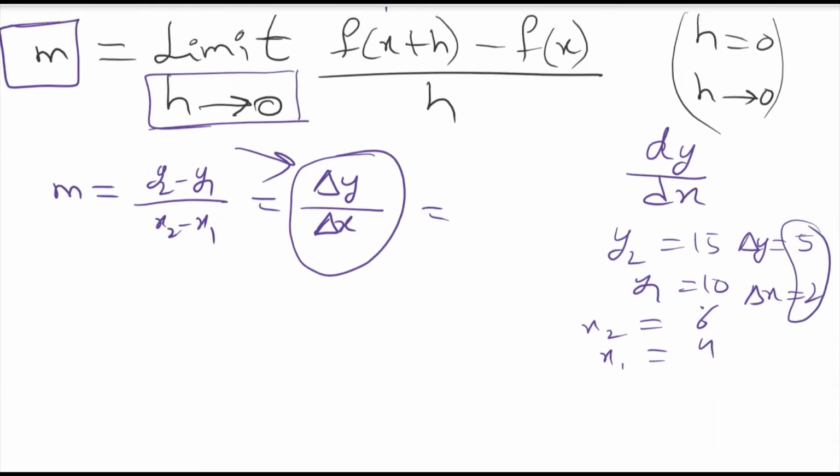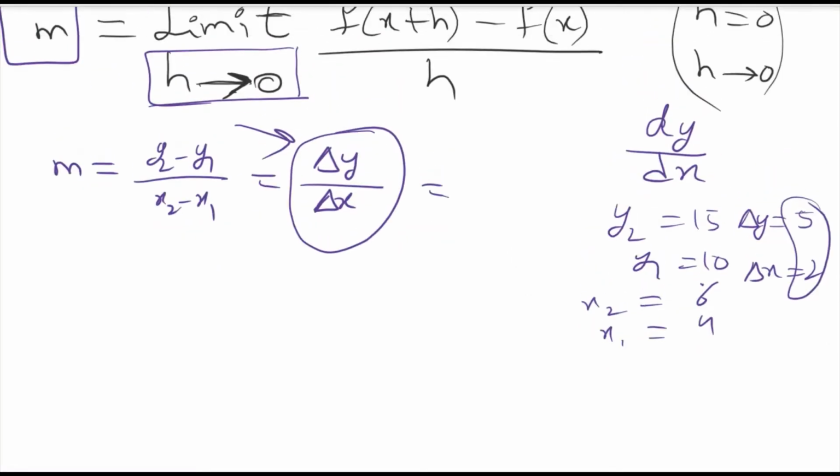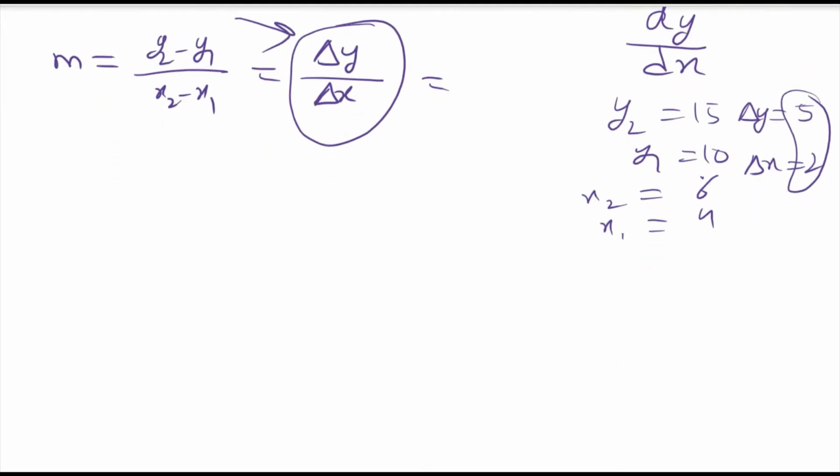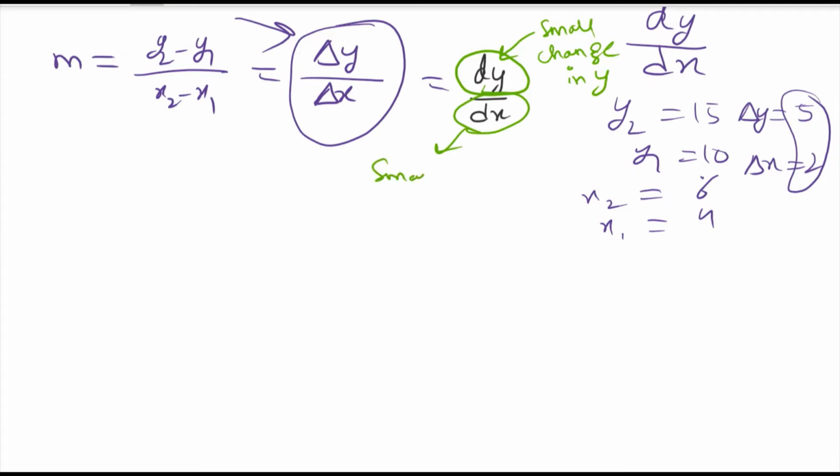But when coming to limits, I'm dealing with smaller values here. They are infinitesimally small. I'm dealing with infinitesimal values here. Instead of calling it delta y by delta x, Newton called it dy by dx. This dy is called small change in y, and this dx is called small change in x.